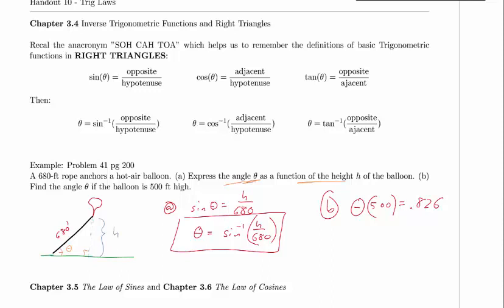So if we were to look at it angle-wise, that'd be something definitely less than 60 degrees, so it would be somewhere at that angle right there would be our balloon.